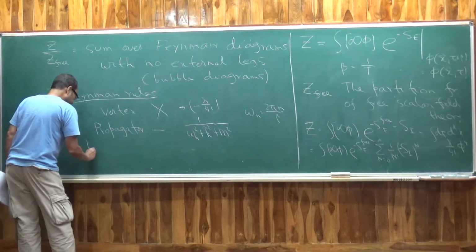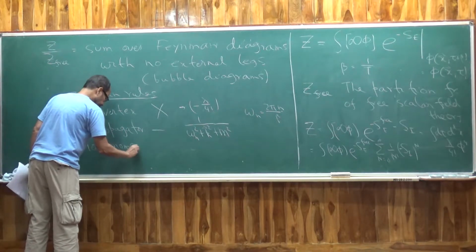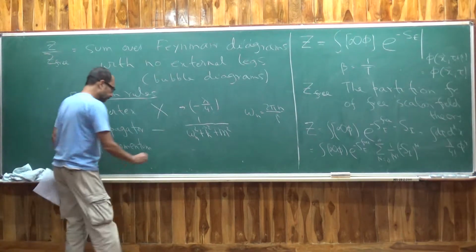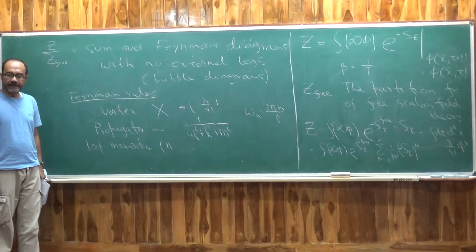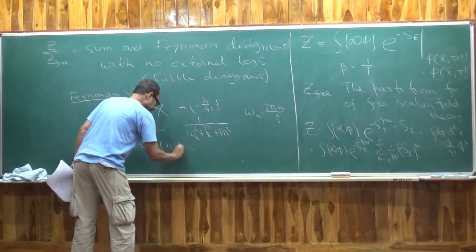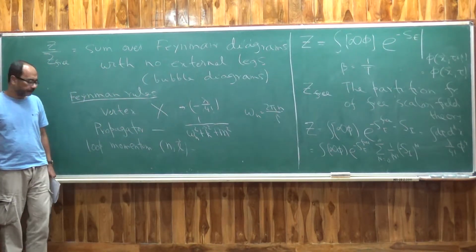And loop momentum will now be characterized by a discrete integer n, which characterizes the energy component, and a vector k, which is the spatial components of momentum.